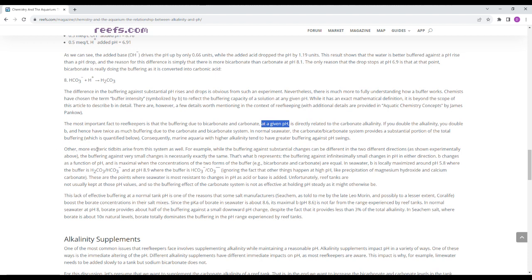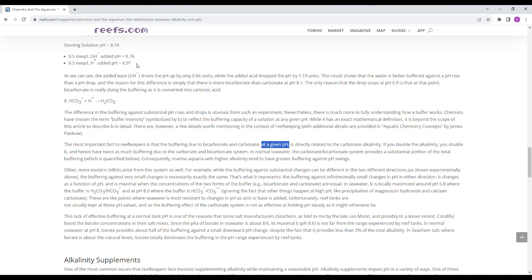Other, more esoteric tidbits arise from this system as well. For example, while the buffering against substantial changes can be different in the two directions, as shown experimentally above, the buffering against very small changes is necessarily exactly the same.